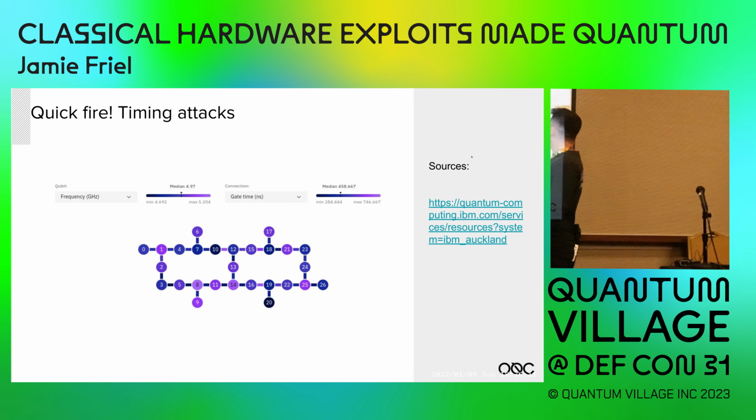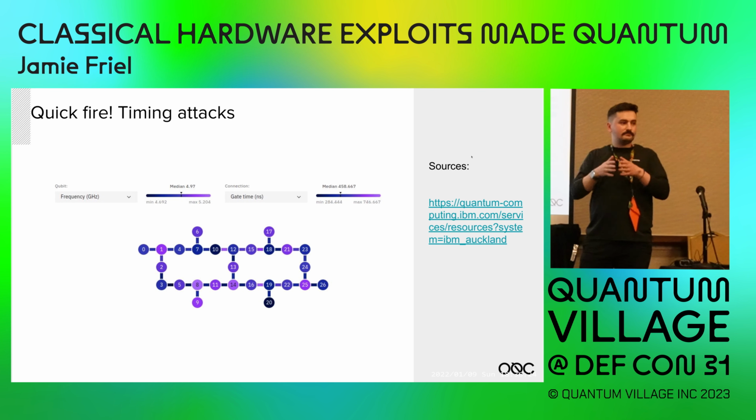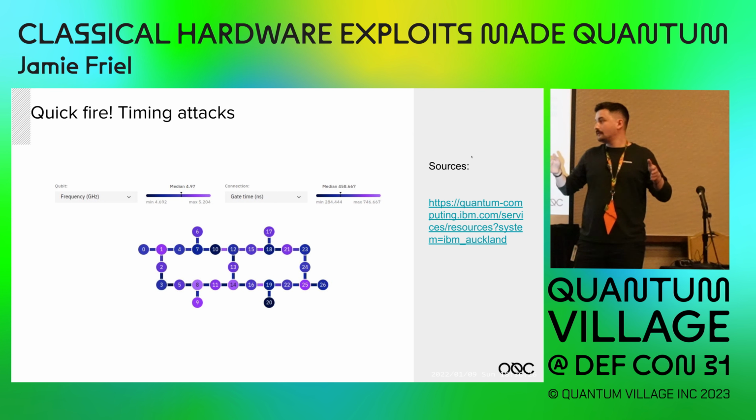So here, this is the IBM Auckland device, and their range is 284 nanoseconds to 746 nanoseconds, where each 2 qubit interaction varies between those 2 extremes. So you can get some information about the structure of the circuit just based on how long it took or didn't take.